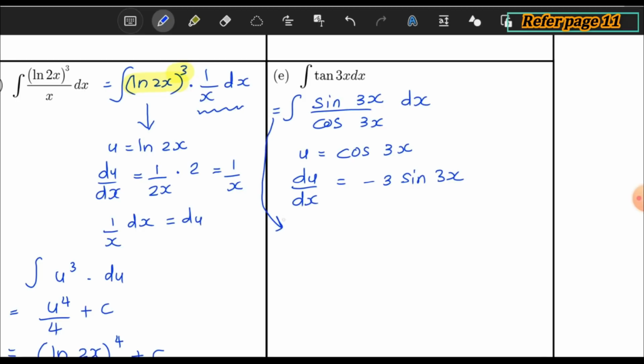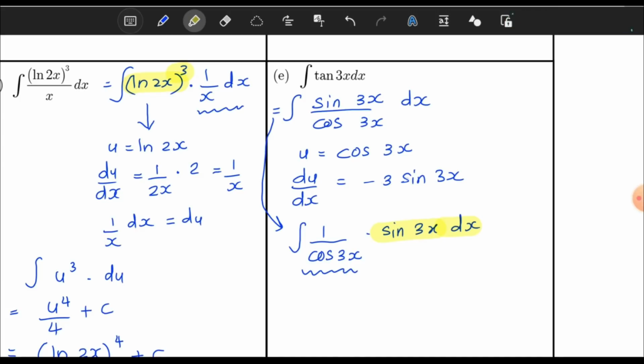And if I rewrite the function, I will get integrate 1 over cos 3x first. This function is related to u, and times sine 3x dx. For the second function, we have sine 3x dx. For the derivative, we have negative 3 sine 3x, and on the left, we have over dx.